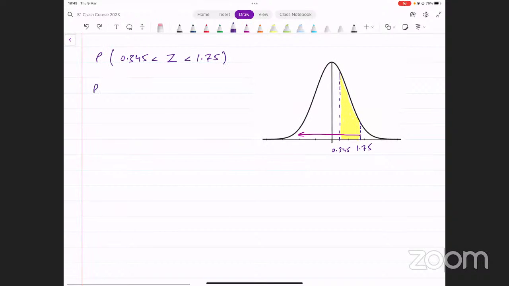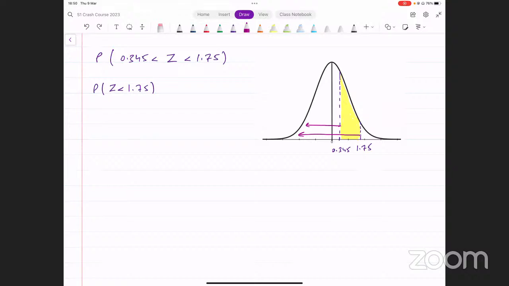And then if you subtract from that the area to the left of 0.345, that would leave you with just this area. That's the shaded part, and that's what you're looking for. So we subtract the area to the left of 0.345 from the area to the left of 1.75, and that leaves us with this area in the middle.